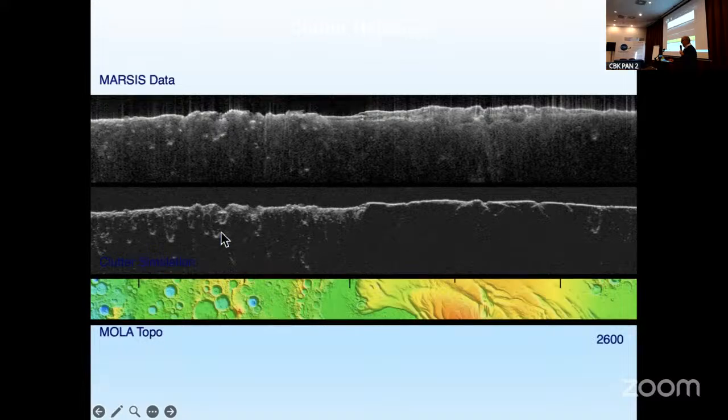But these are the surface echo. But here you can see this continuous line, and this is subsurface echo. This comes from the subsurface of this polar cap. And this is topography of the region below the satellite.